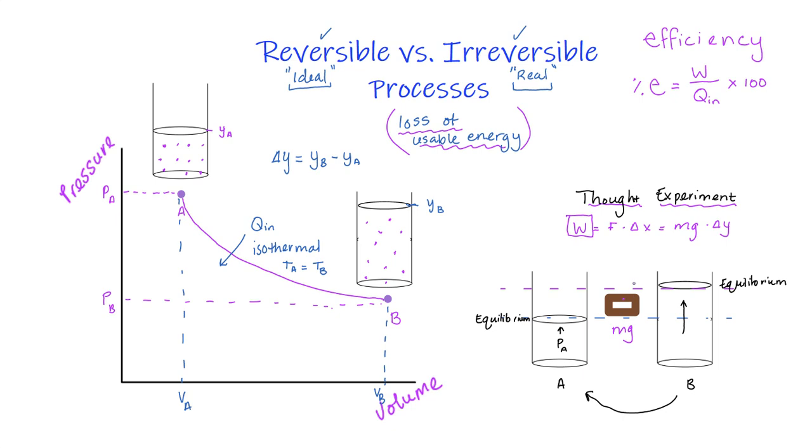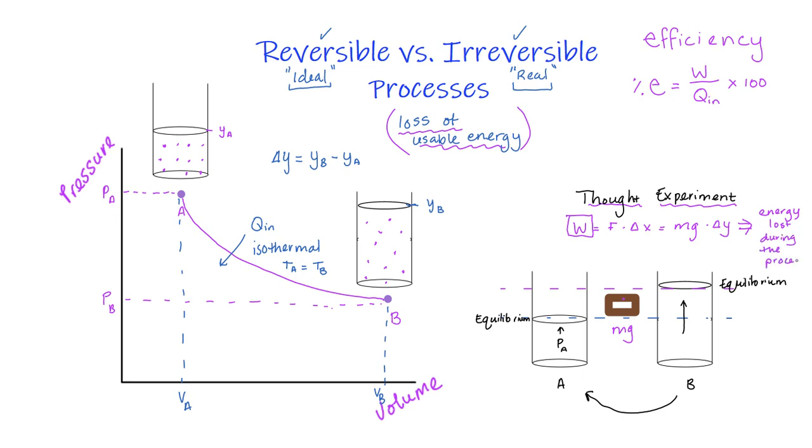So here's the way that we want to think about it. The work required to put the brick back on to the piston and push it back down to its original state is going to be equivalent to the amount of energy lost during the process.